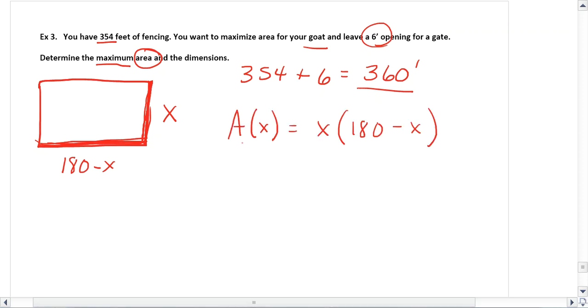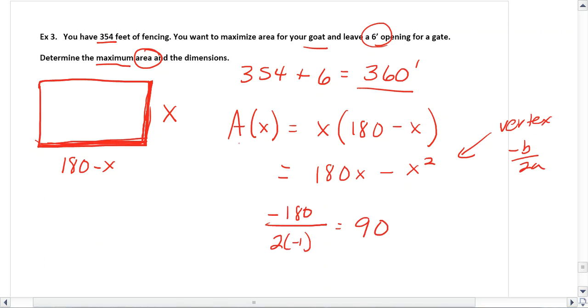So now writing my quadratic, the area of the rectangle is base times height. Go ahead and multiply this out, distribute the x. This is what I want to maximize, so I need to find the vertex. Again, I'm going to use minus b over 2a. So if b is 180 and a is negative 1, I get that the x value is 90.